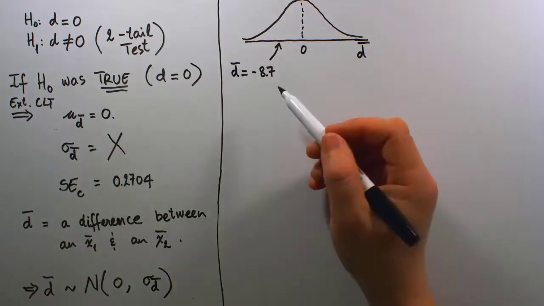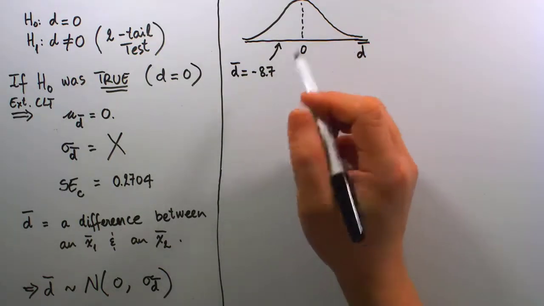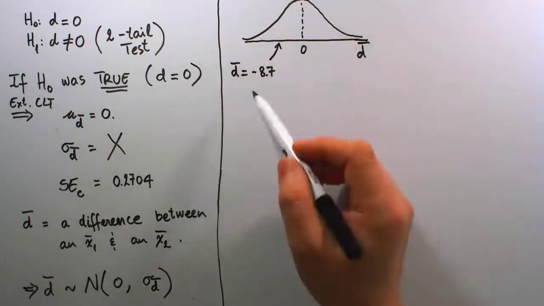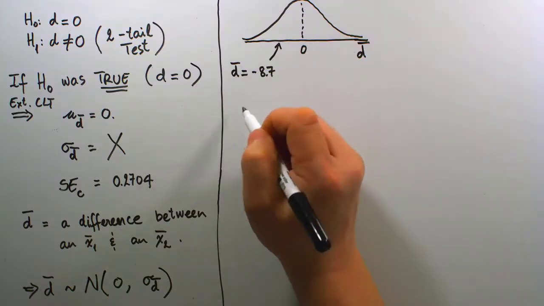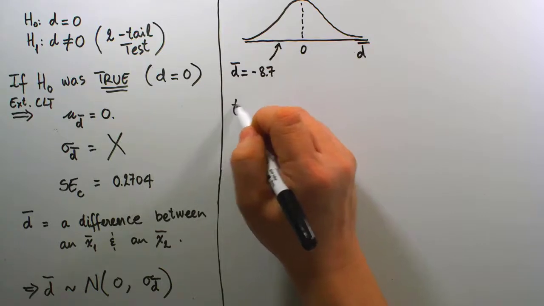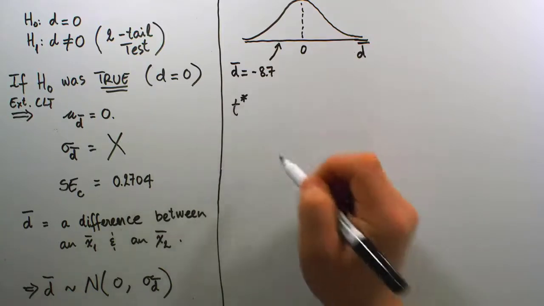And so the next step, after realizing that our d bar is on a bell curve, is to calculate the t star value for our bell curve.